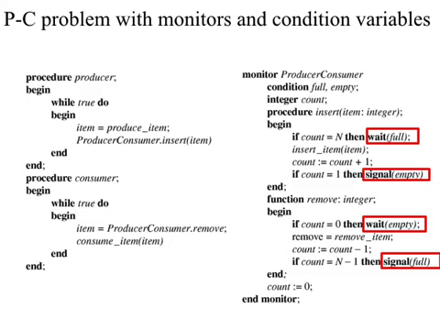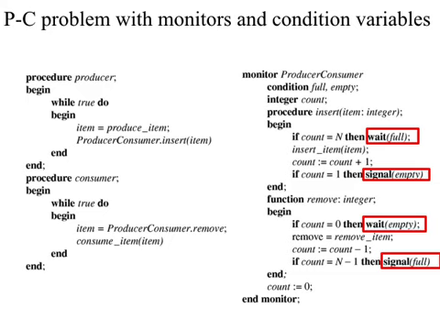Similarly, the remove operation works as follows. This is called by the consumers. First, the consumers check if the count is 0. If so, then they have to wait on the empty condition variable and they would block till there is at least one item to be consumed.